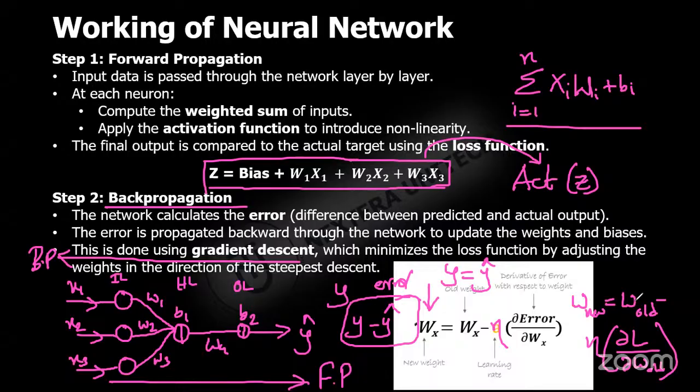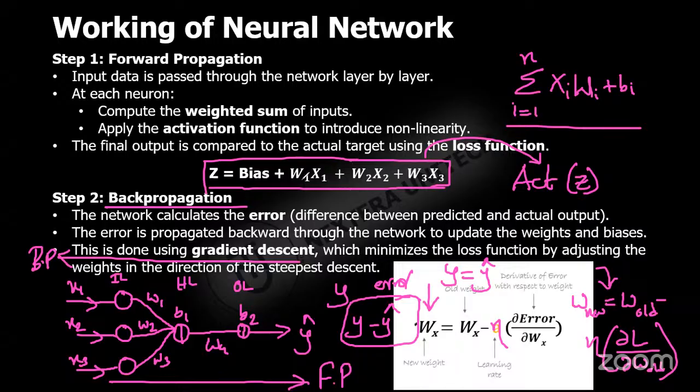So the old weights that we have will be updated so that the new weights get calculated. Once after calculating the new weights, using the same formula, the bias also gets updated. Once we have the new bias and the new weights, again the model starts forward propagating. It repeats the same process, guys.